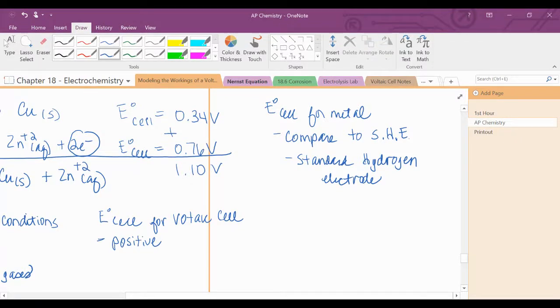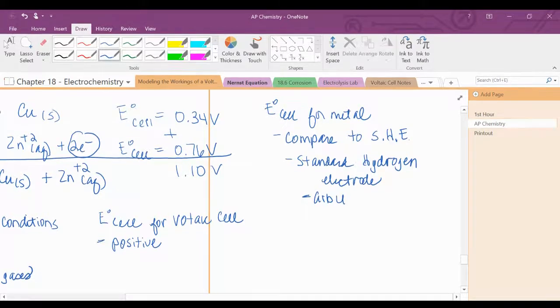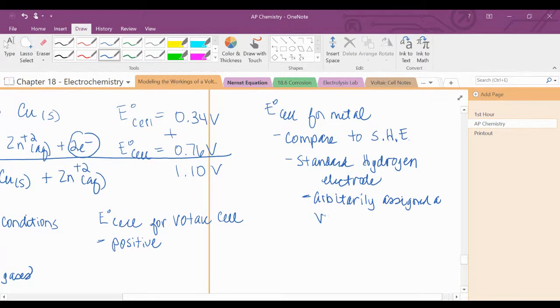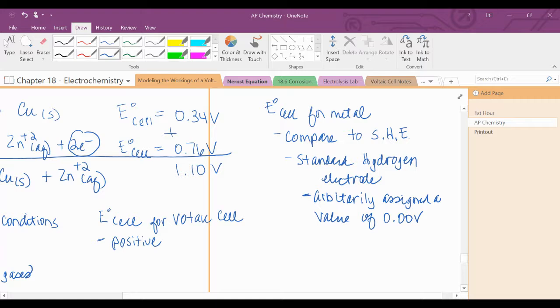So in other words, one half cell is the standard hydrogen electrode, and the other half cell was this copper, for example, half cell. The standard hydrogen electrode was assigned a value of 0. And you'll see it in your table of reduction potentials.